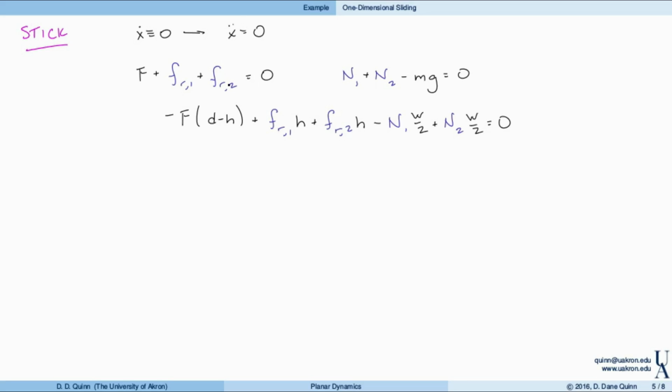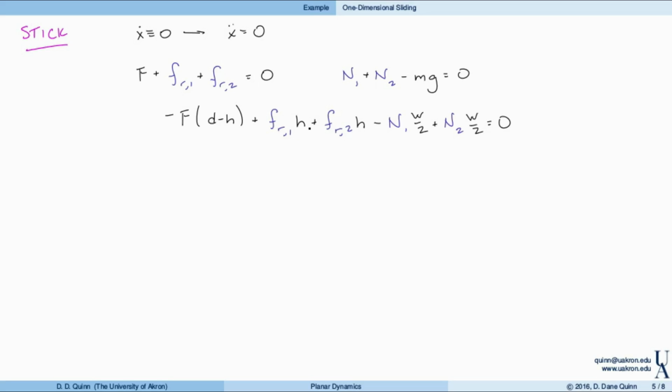Then we have three equations for, unfortunately, 4 unknowns. 1, 2, 3, 4. However, if you notice, these friction terms always appear together. Right? So I have Fr1 and Fr2, and down here I can factor an h out of these two terms and find Fr1 plus Fr2.